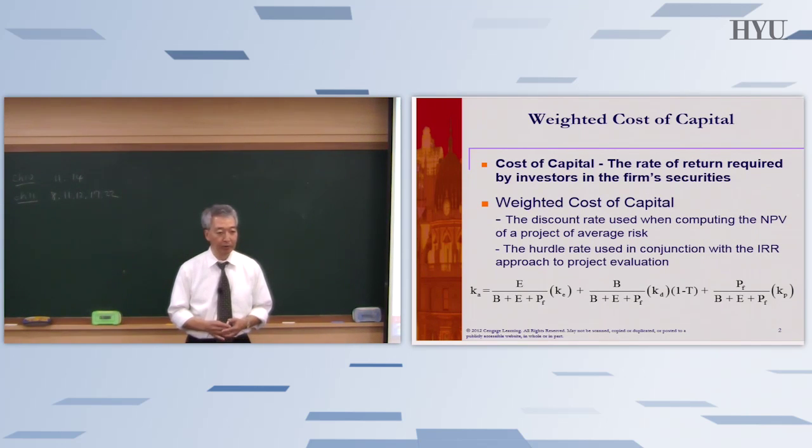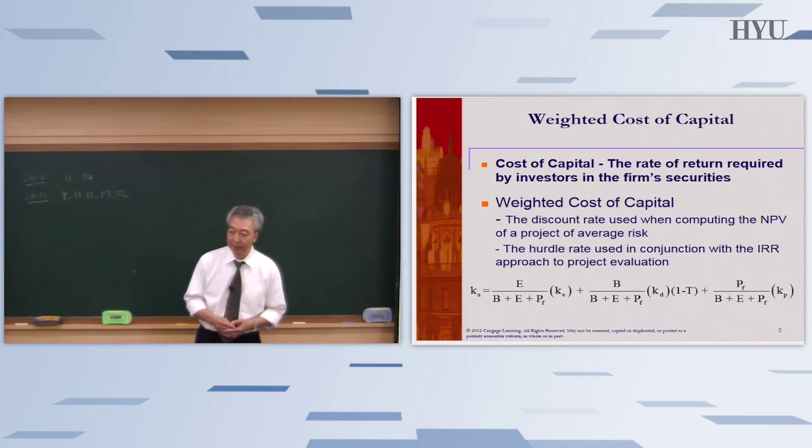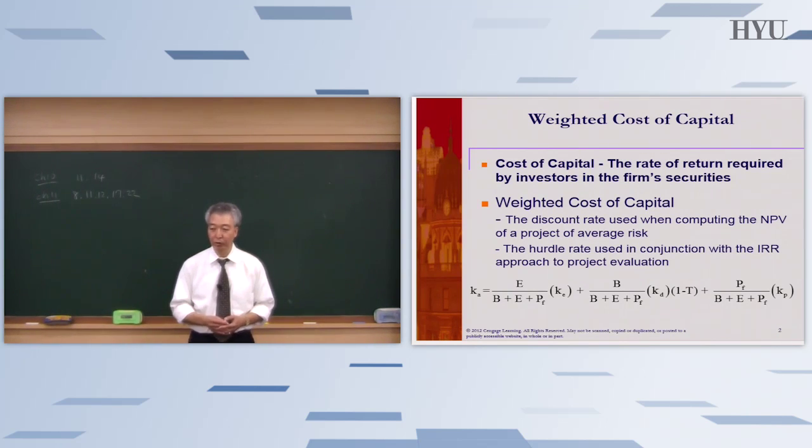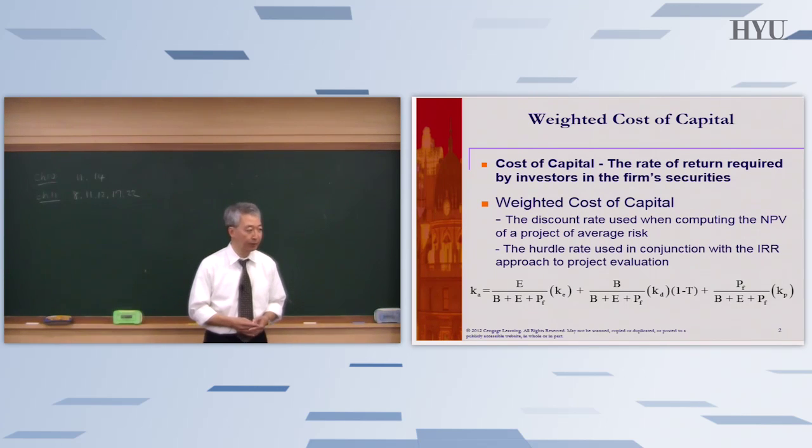Okay? So in reality, your company will contact an investment banker, right? And tell them that, well, we are going to start a new project and we expect to use about $500 million. So what's the best way to raise this amount of money?